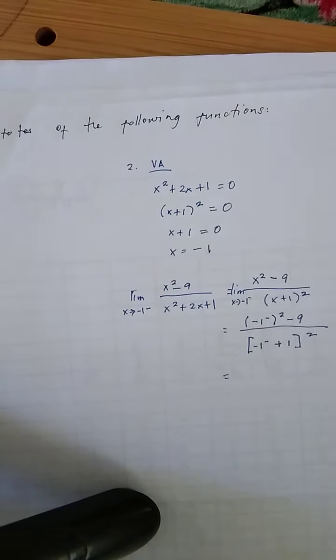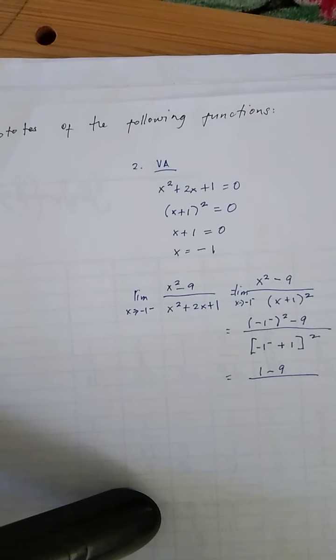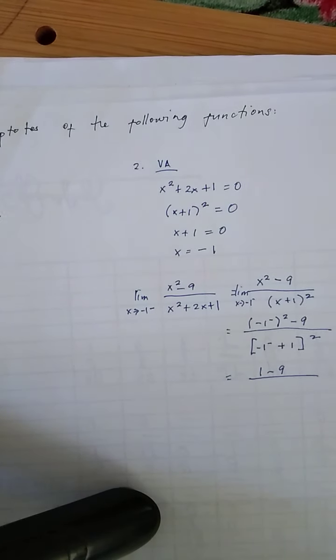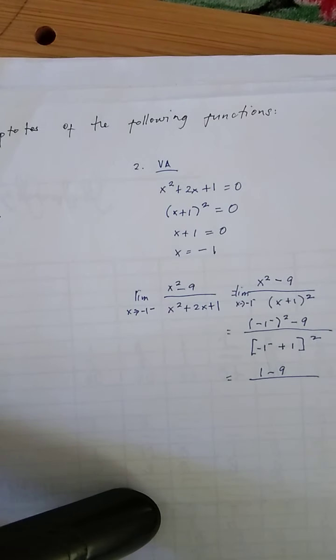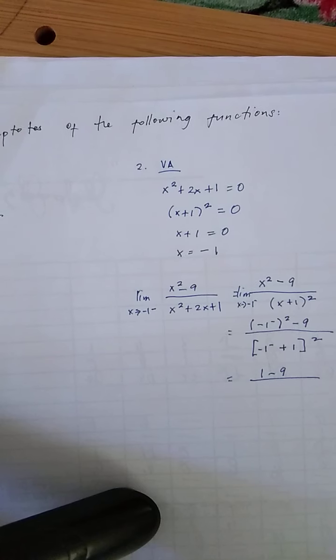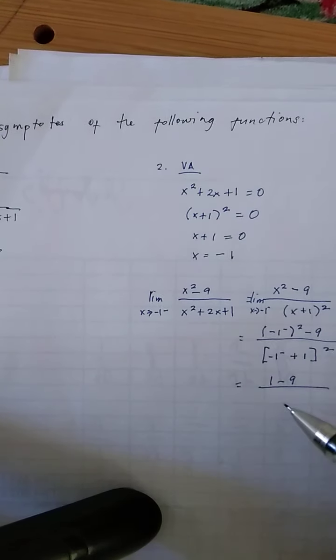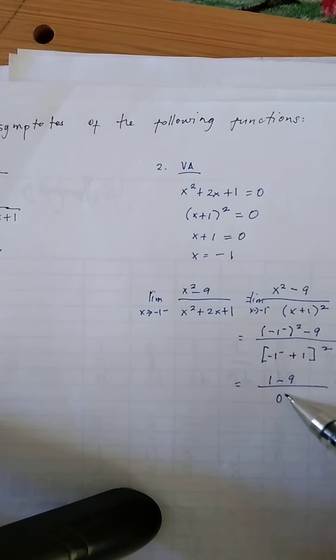So above you have 1 minus 9. It doesn't really matter. For this one, negative 1 from the left is negative 1.01, which is less than negative 1. So if you add 1, negative 1.01 plus 1 is negative 0.01, so that is actually 0 from the left, then squared.